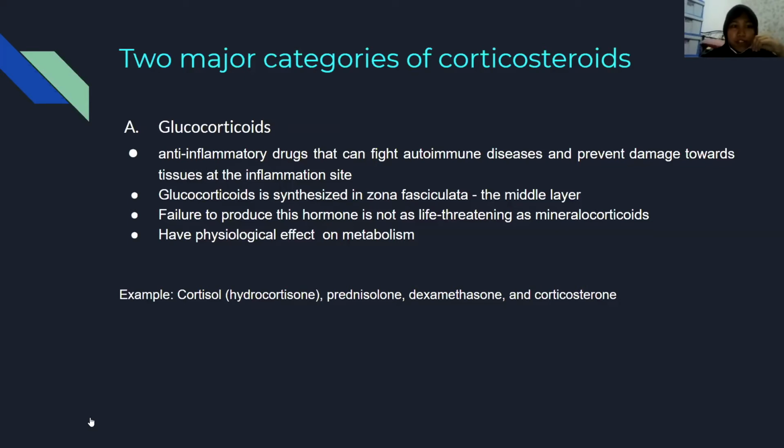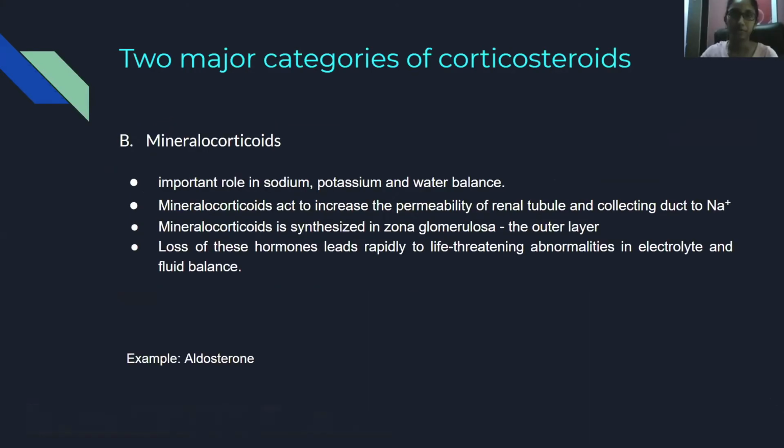Corticosteroid physiological effect on metabolism. The next major category of corticosteroid is mineralocorticoids. Mineralocorticoids play an important role in sodium, potassium, and water balance. Besides that, it also increases the permeability of the renal tubule and collecting duct to sodium.